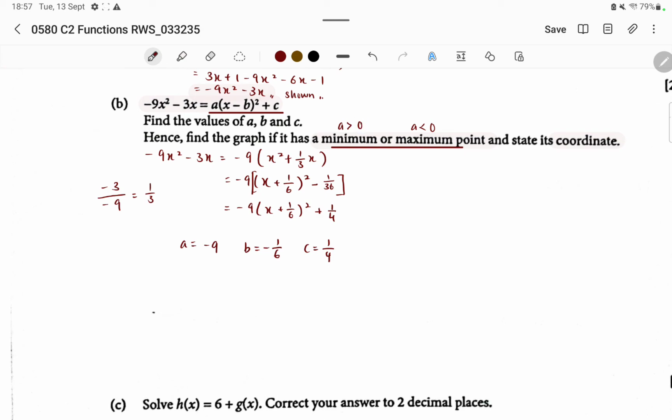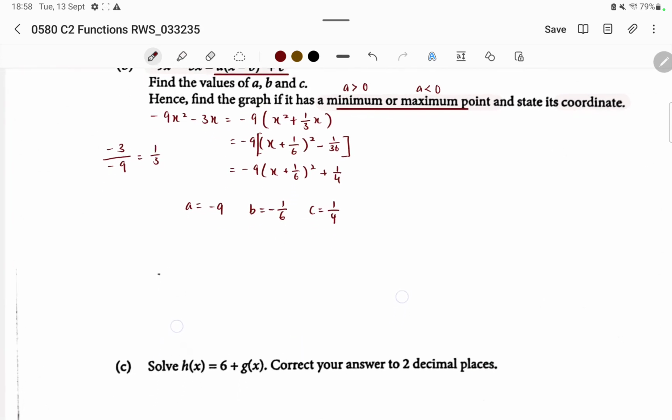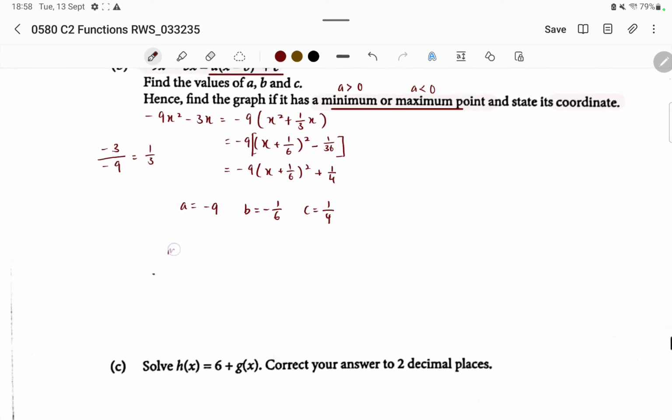If it's negative, less than 0, then it's maximum. So you have to write maximum point equals to, bracket, and then the coordinates. So this one is straight away negative 1 over 6, 1 over 4. This one will be your final answer.